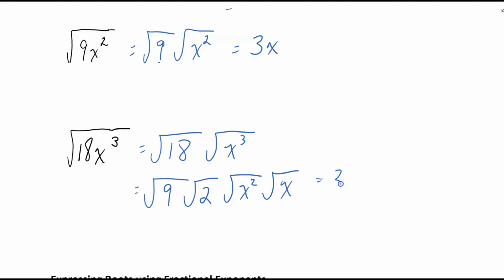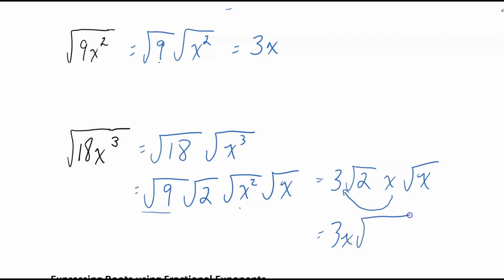So this will be 3 for the square root of 9. The square root of 2 I can't break down anymore. The square root of x squared is just x, and the square root of x we cannot break down anymore. So it's more customary to write the whole numbers in front. So this will become 3x square root 2x.